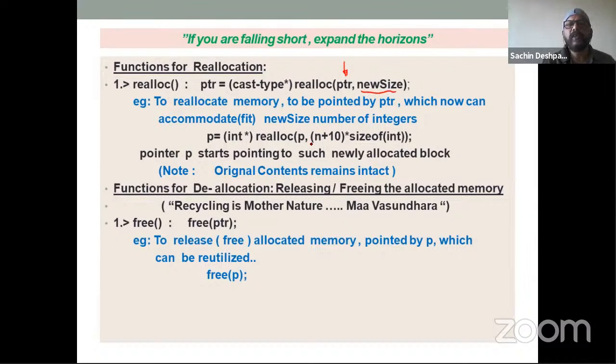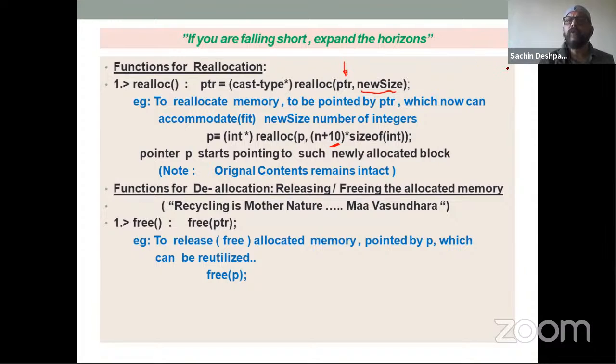So for example, if the pointer P is already pointing to dynamically allocated memory, and you are looking for additional memory capable enough to accommodate a further 10 integers, you can say n plus 10 multiplied by sizeof int.